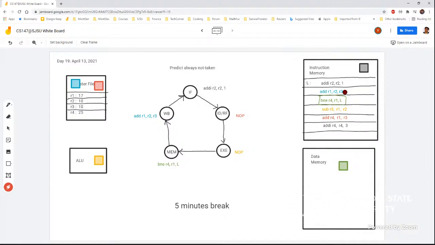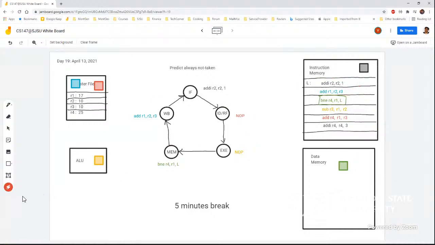Okay, so we can do the data forwarding if and only if the data is already generated at that point or previous to that point. Let's do this example once more, just focusing on these two instructions, right?